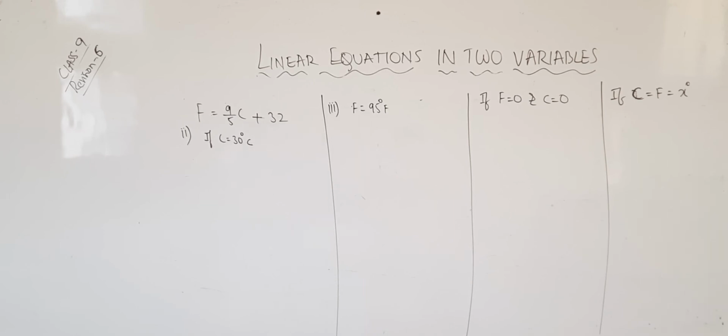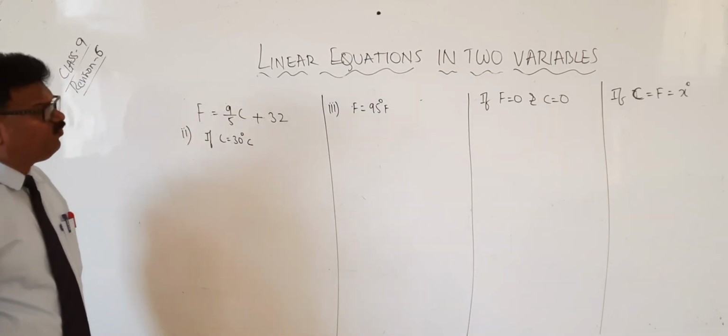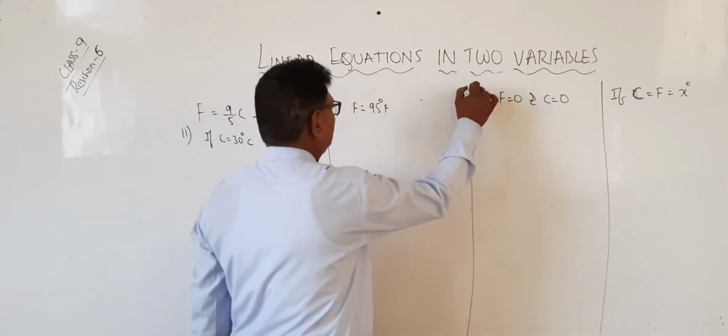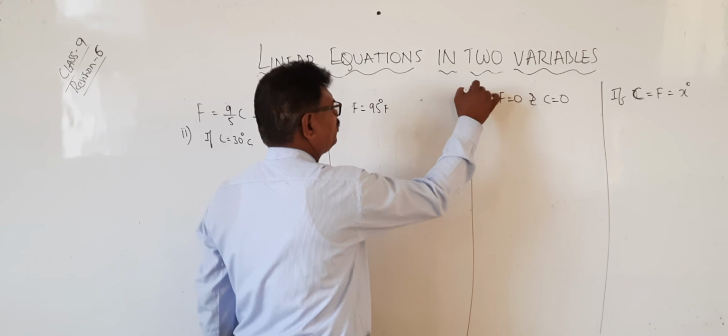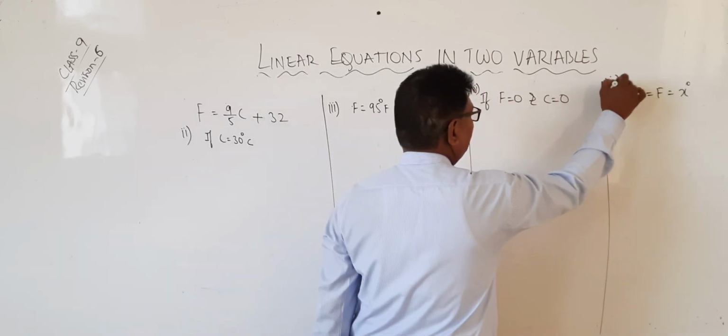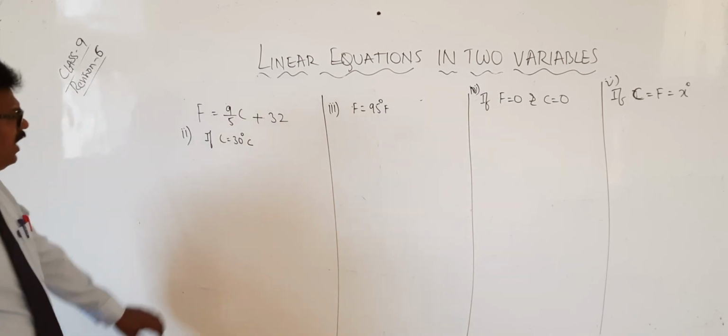Yes, this is a very simple problem. If F equal to 9 by 5 C plus 32, he has given 4 types of problems. So second one, third one, fourth one, and fifth one. These 4 problems will apply. How will it be?